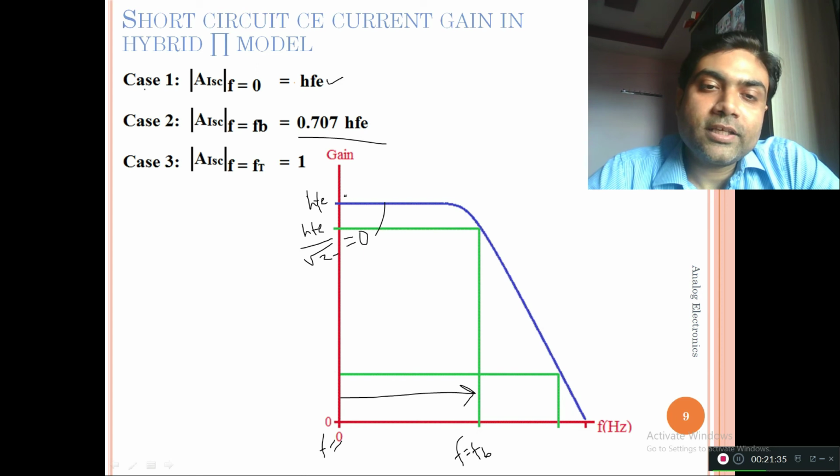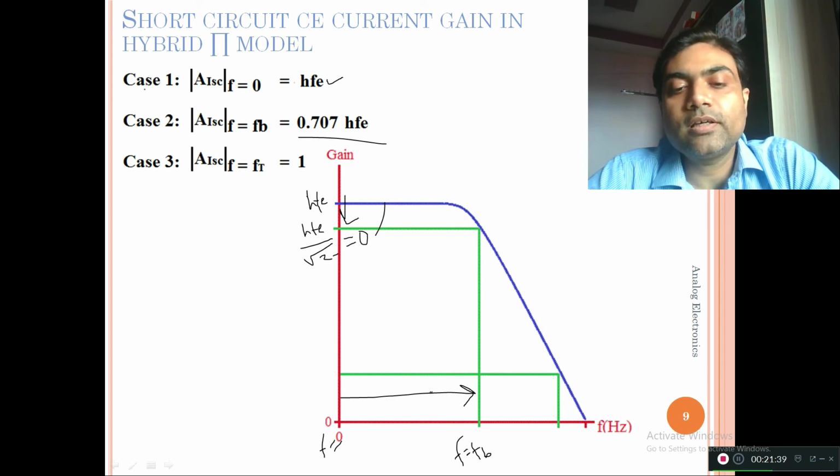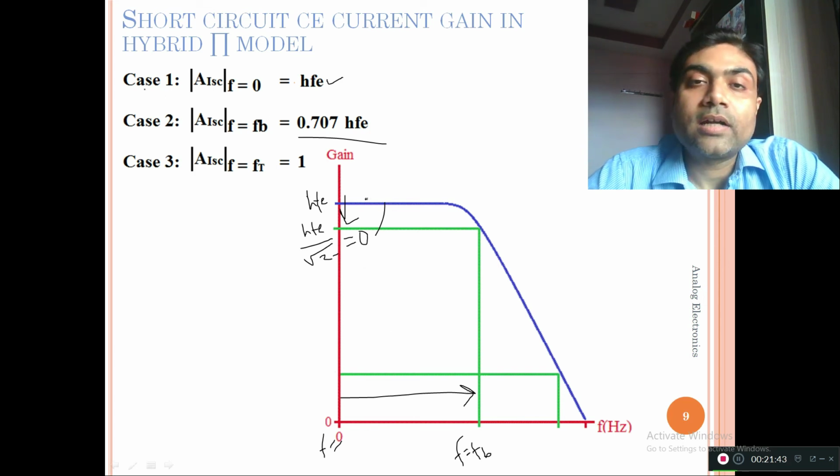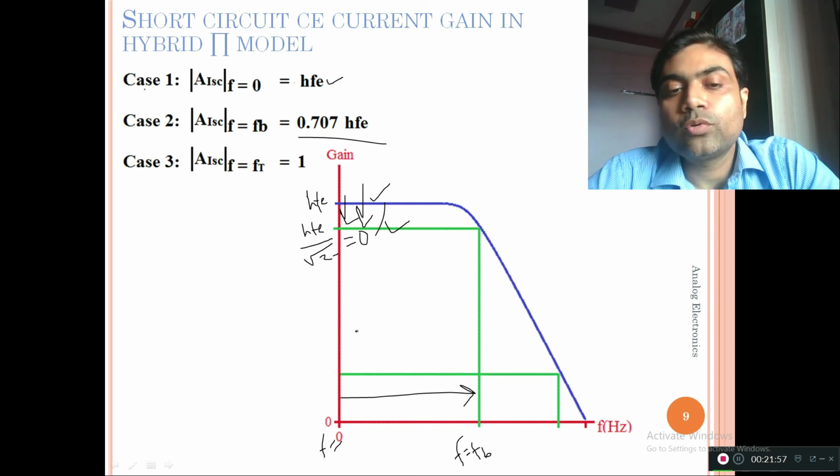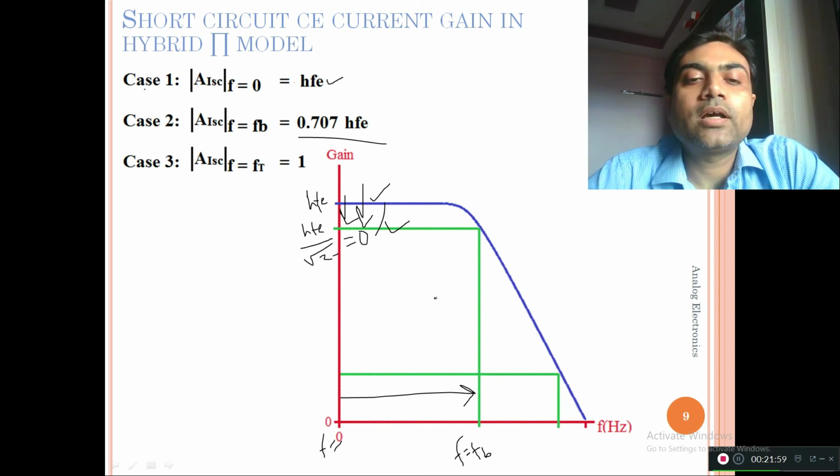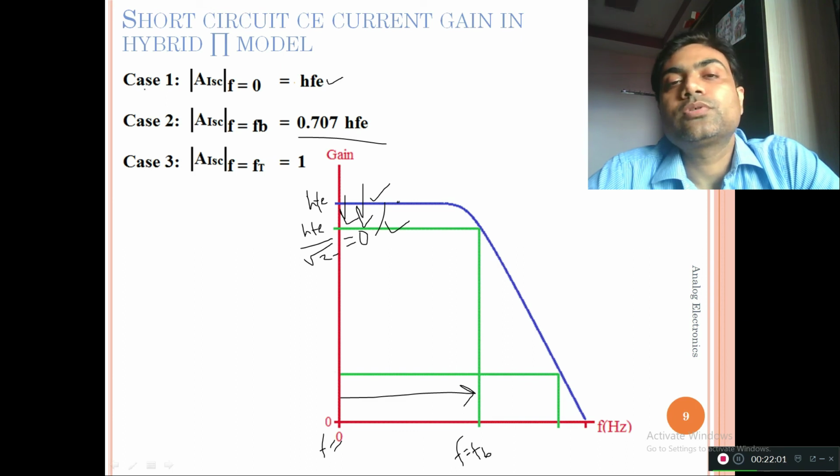So here the gain has reduced. Try to understand this. You are increasing the frequency, you are increasing the bandwidth of the amplifier. At what cost? By reducing the gain. So this blue value gives me the gain when frequency equals 0, and this green value gives me the gain when f becomes FB. So we have increased the bandwidth of the amplifier, but at the cost of reduced gain.